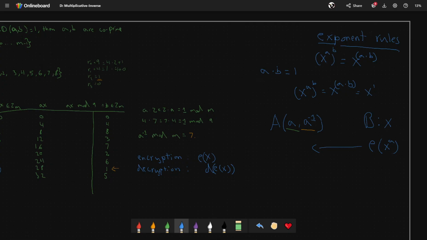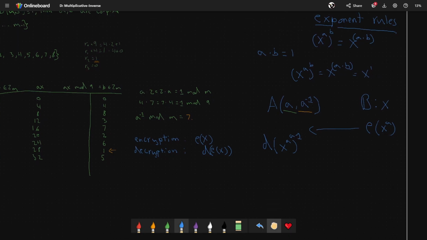What decryption then looks like is Alice will take the encrypted value, which is x to the power of a, and elevate it to the power of the multiplicative inverse. So Alice now has x to the power of a to the power of the multiplicative inverse, which is equal to x to the power of a multiplied by the multiplicative inverse.